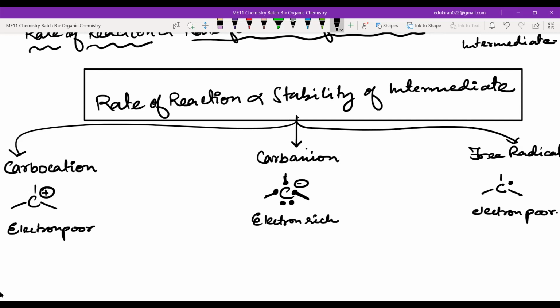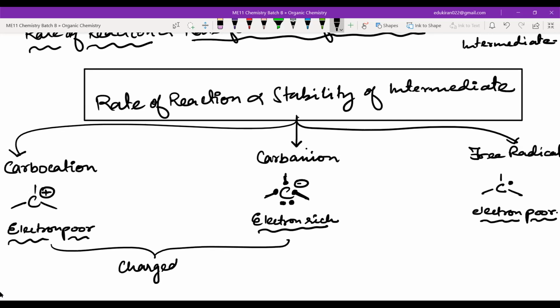So we have 3 types of intermediates, in which carbocation and free radical are similar, and carbanion has more electrons. And these two are charged species. Write this down. Let me know if you're done.